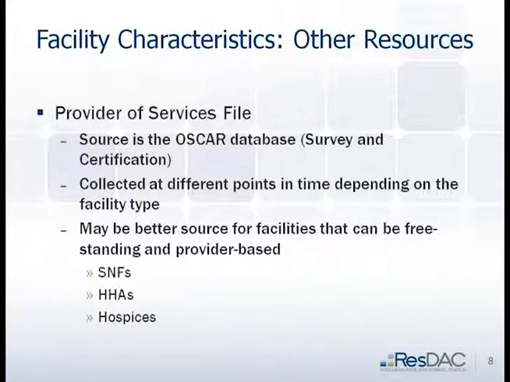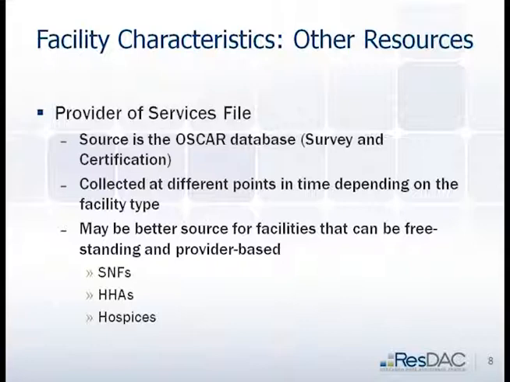Now, just so that everybody knows, cost report data is not the only place where you can get facility characteristics. Let's make sure you understand all of your options. The provider of services file, which we've mentioned before, is another source of facility characteristics. It comes from a system called the Online Survey and Certification System.